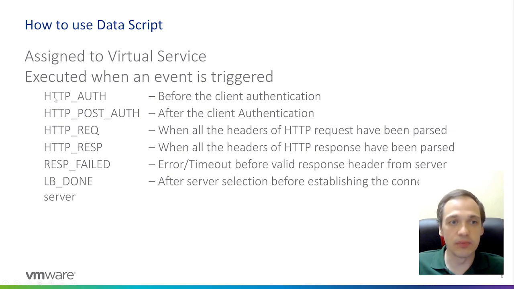For example, HTTP auth. So before client authentication, we will run this DataScript, or post auth after client authentication. Or we will run a script on an event where all headers have been parsed on the request, or upon all headers being parsed on the response, or when the response from a server has failed, or after the load balancing has been done.